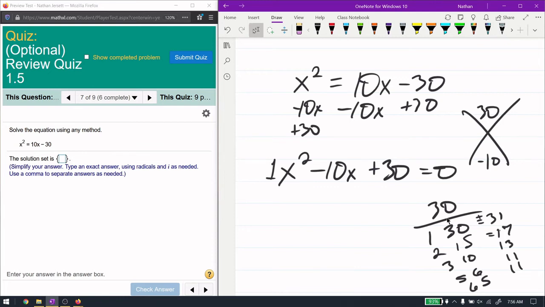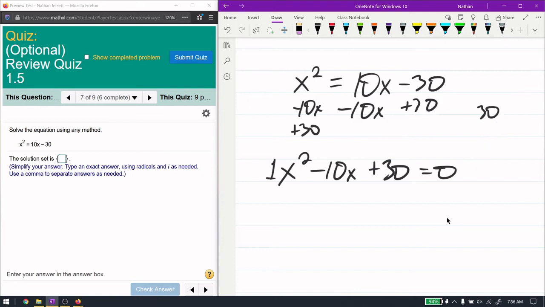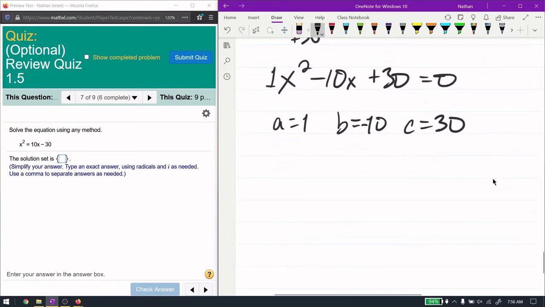So as you can see, I've checked all of the simple combinations that multiply to give 30, and none of them give me what I want. So that means I can stop doing this, and I can start using the quadratic formula. So we have a equals 1, b equals negative 10, and c equals 30. All right.